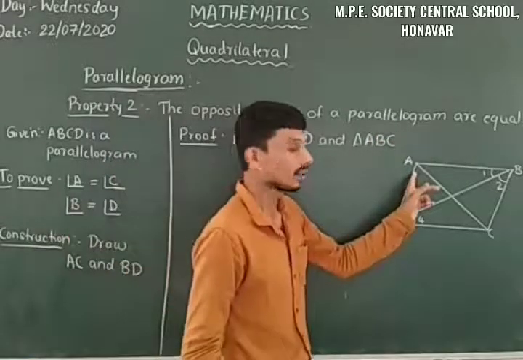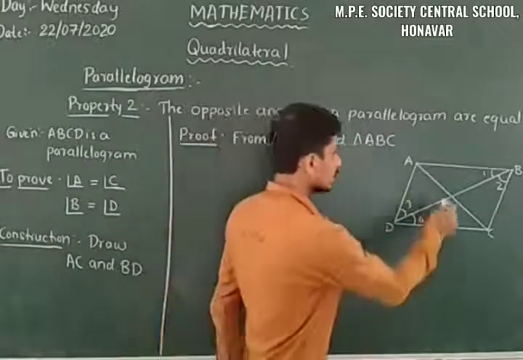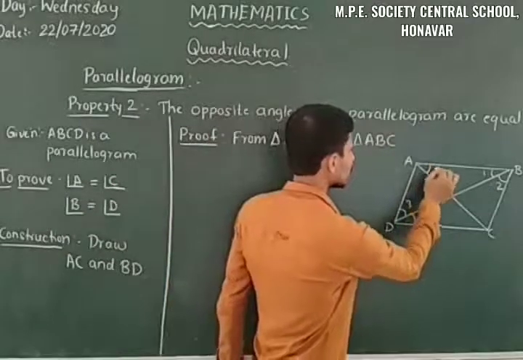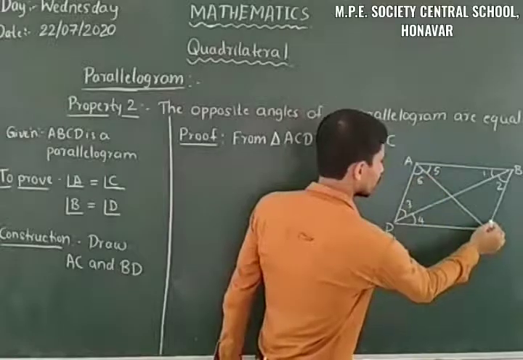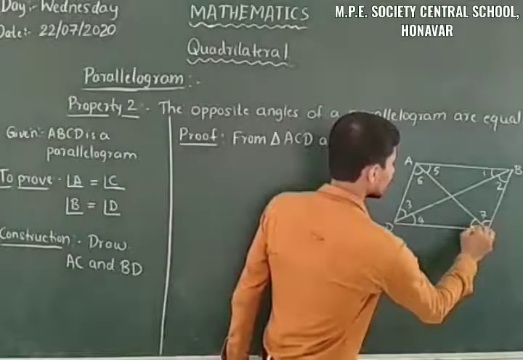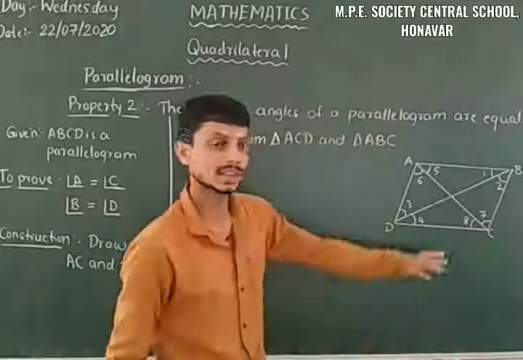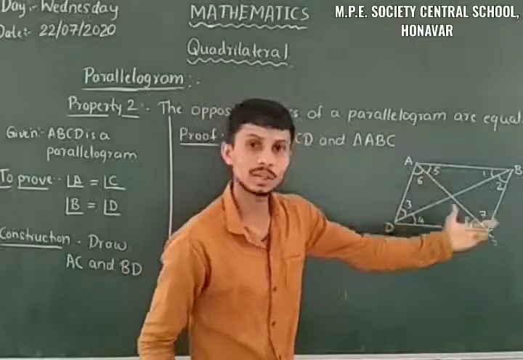So here we have to name the angles of these triangles. Here 4 is done, so I will take this as 5, this is 6, this is 7 and this is 8. So these are the names I have given here.